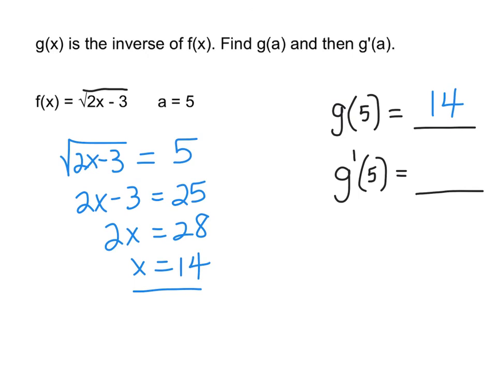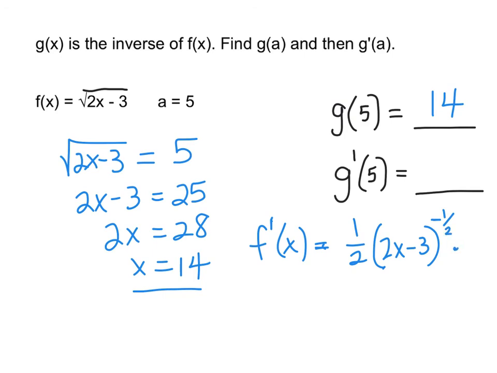Now I want to take the derivative of f. So f prime of x is equal to 1/2 times 2x minus 3 to the negative 1/2 times the derivative of the inside, which is 2. 2 over 1/2 is just 1. So this is going to be 1 over the square root of 2x minus 3.